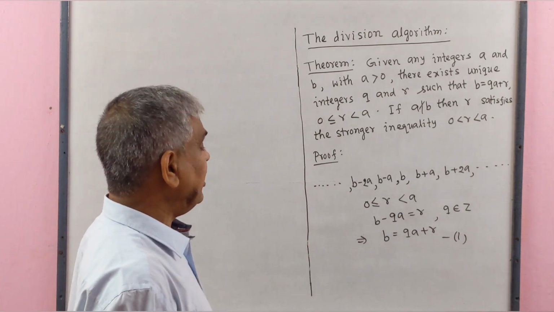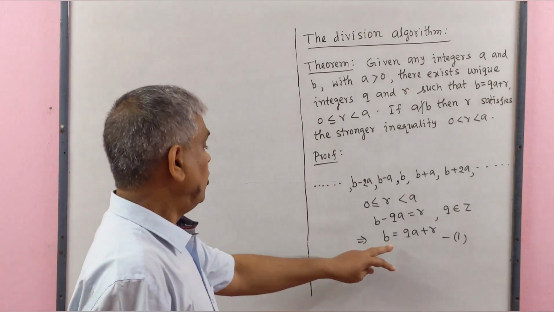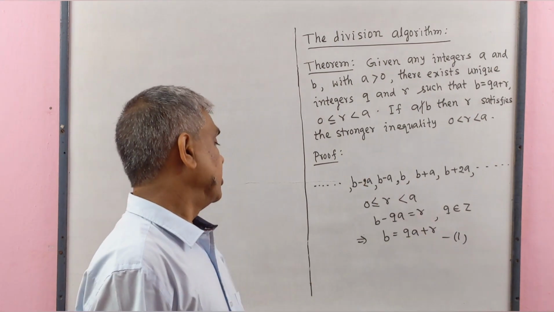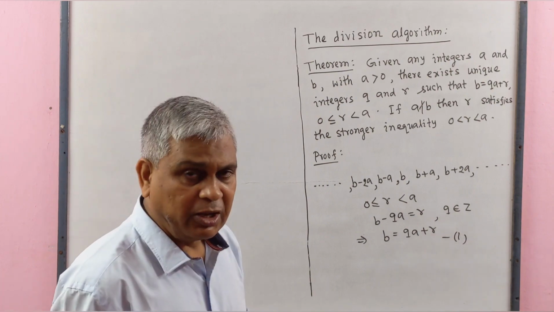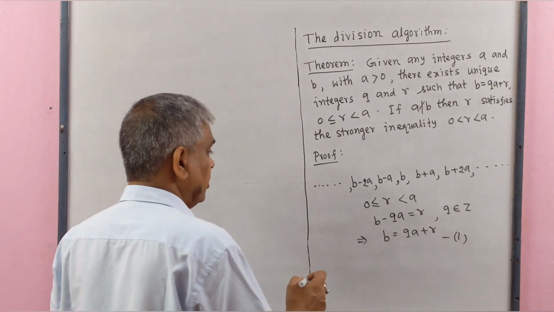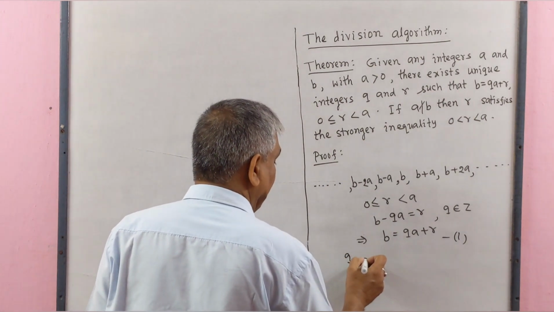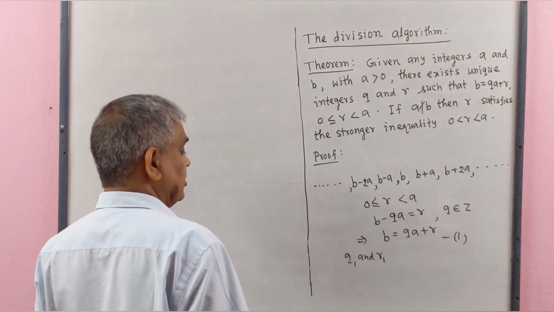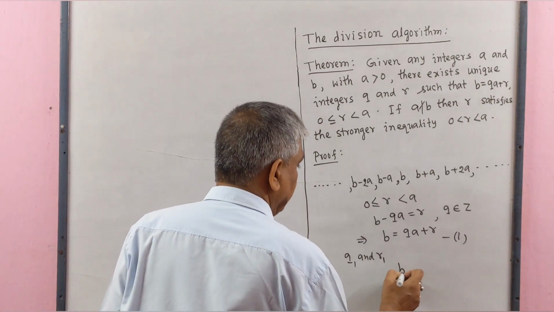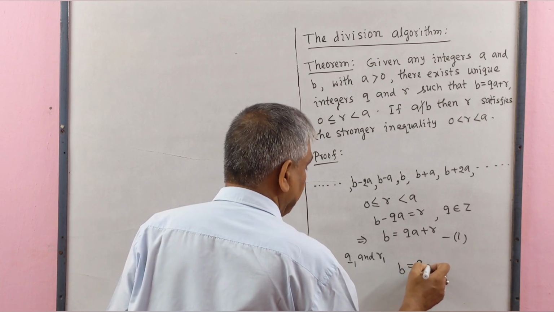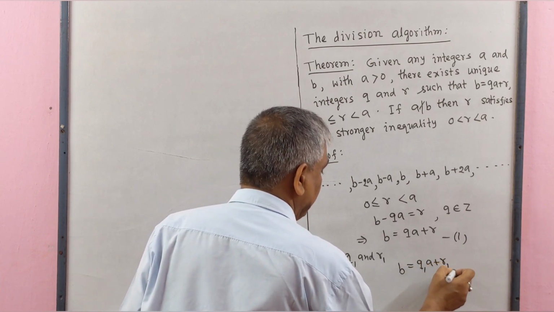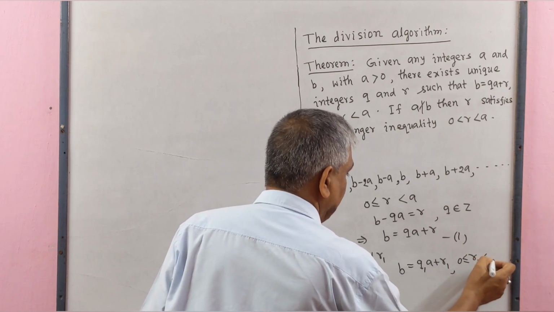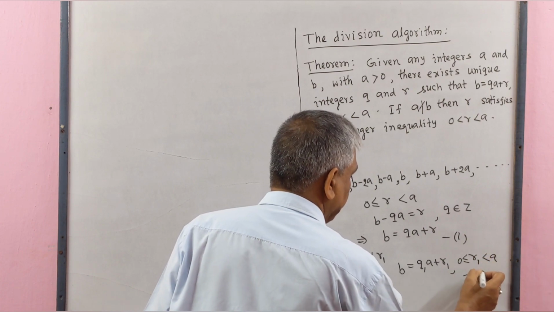Now we examine the uniqueness of this structure B equal to QA plus r. If possible, let Q1 and r1 be another pair such that B equal to Q1A plus r1, r1 greater than or equal to 0 and less than A. Let this be number 2.